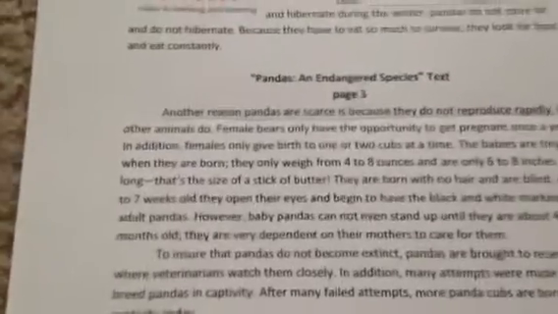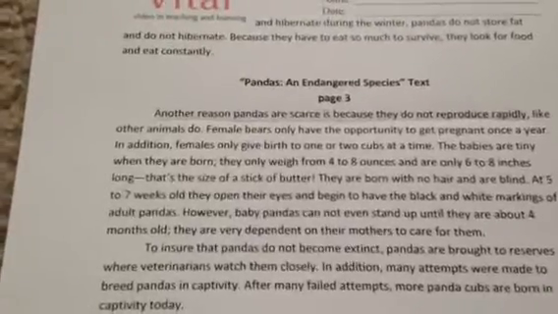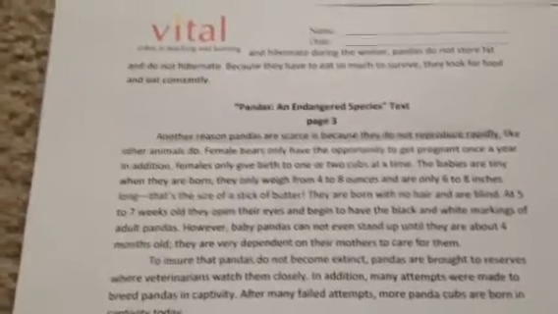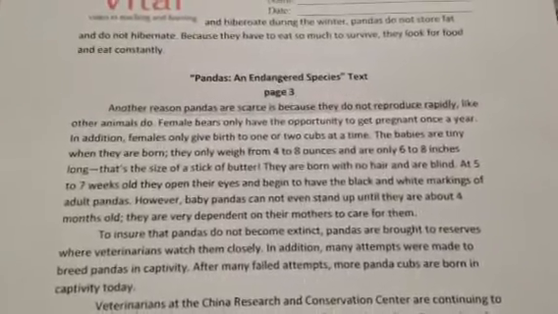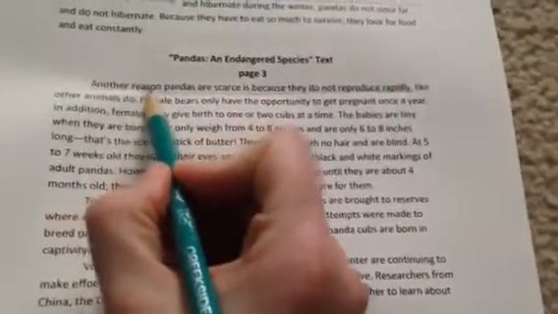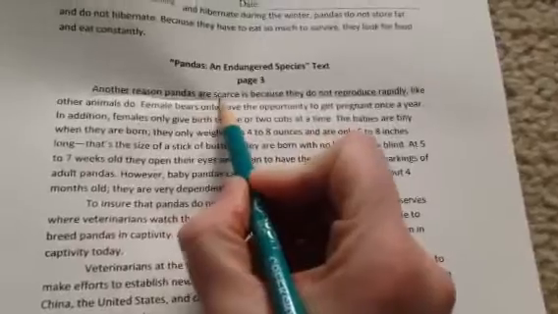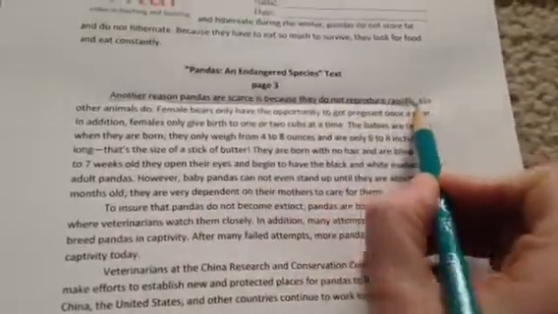It is on the second page, the back of yours, underneath pandas and endangered species text, page 3. And we're going to underline, another reason pandas are scarce is because they do not reproduce rapidly. So right now take your pencil, underline that.